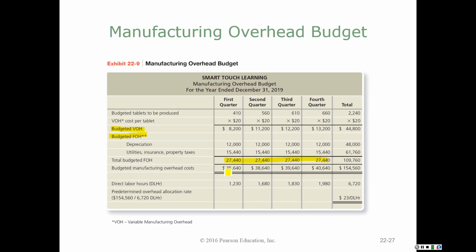But our total manufacturing overhead for manufacturing costs will, because the more we produce, the more variable overhead we're going to have.